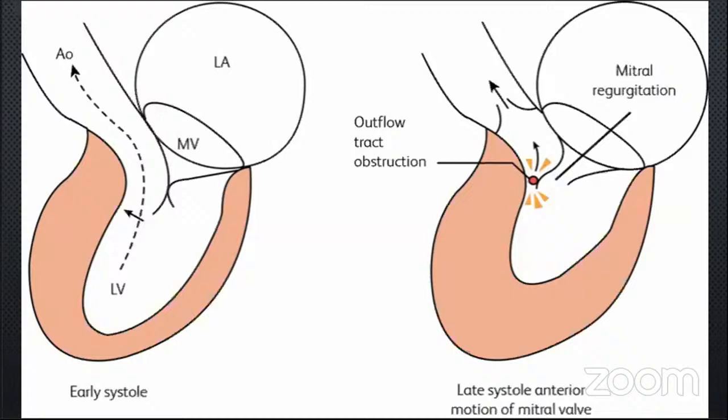And then at late or 2/3 of the systole, anterior motion of the mitral valve most of the time will lead to the obstruction. And we can see here the obstruction, if it happened, it might or might not be associated with mitral regurgitation with varying severity.